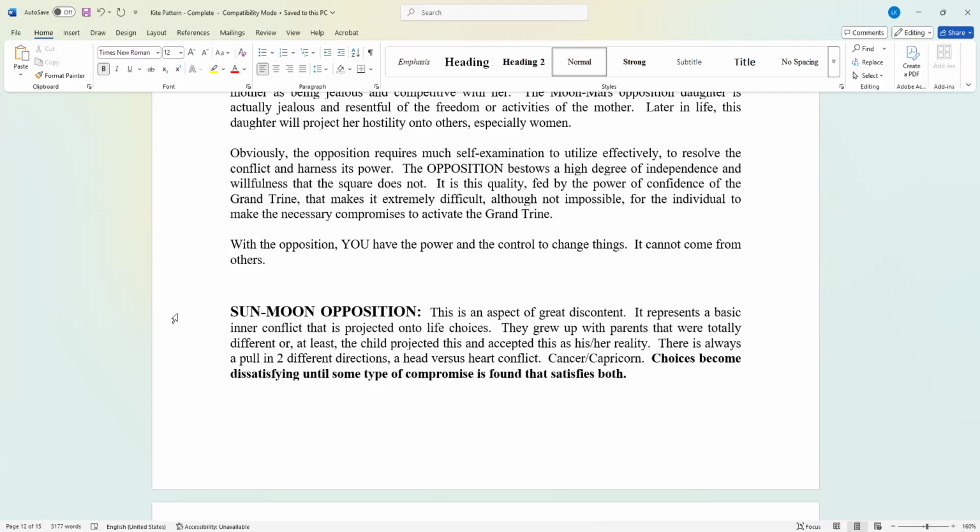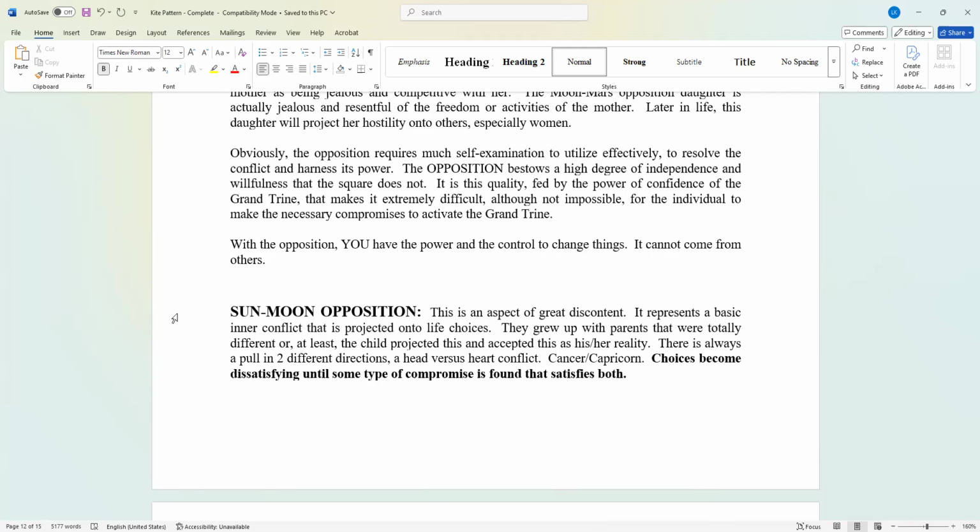Prince William has the sun moon opposition, the sun in Cancer, the moon in Capricorn. And you can obviously see Prince Charles, his father, and Princess Diana were 180 degrees from each other. One was very emotional, one was very conservative and reserved in his feelings.